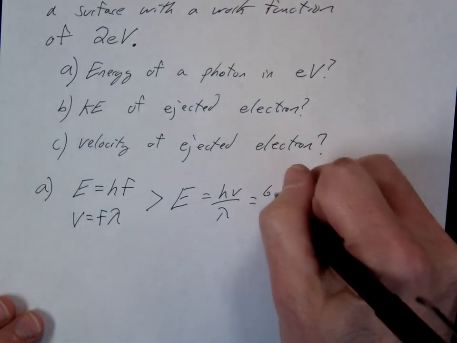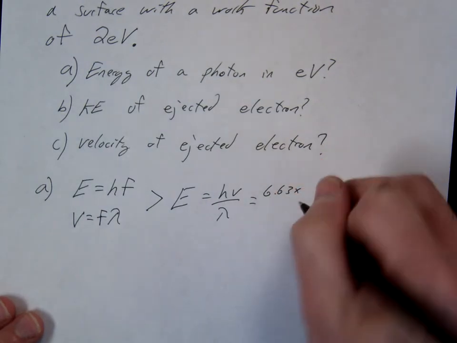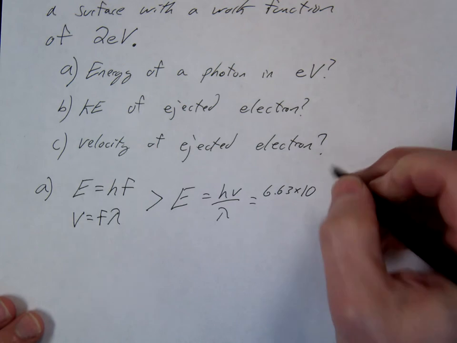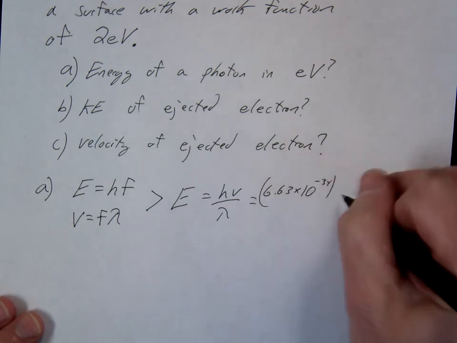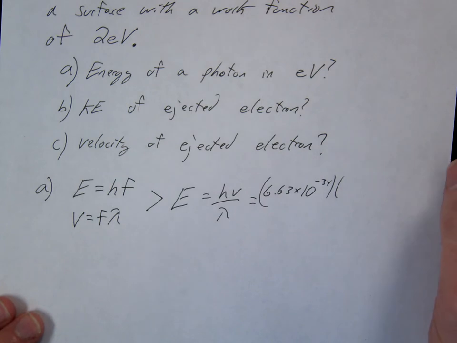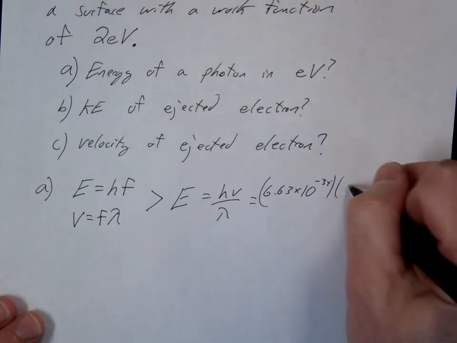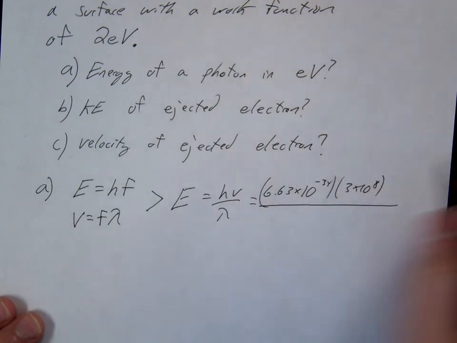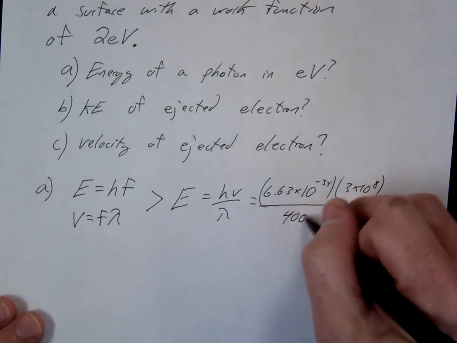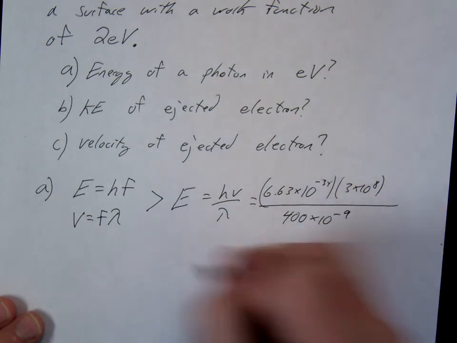So h is 6.63 times 10 to the negative 34th times v. What's our v? 3 times 10 to the 8th. And what is our lambda? 10 to the negative 9th.